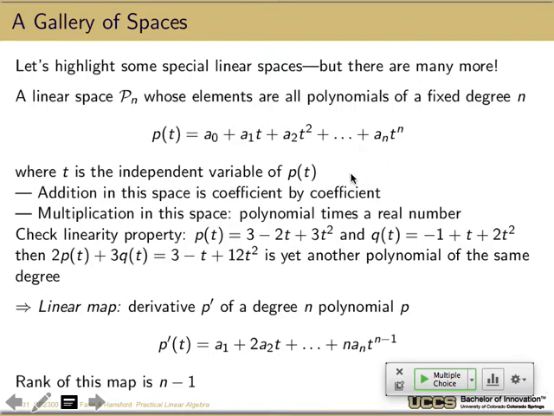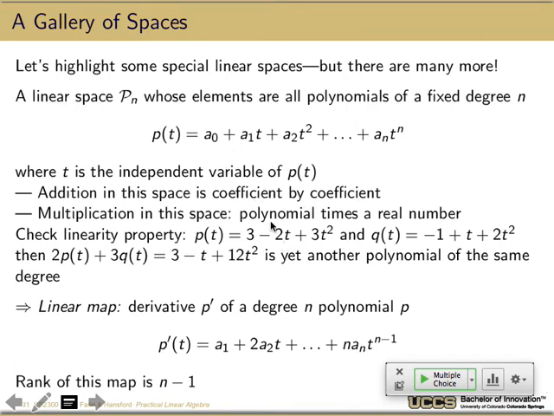But notice that if I multiply x, or t in this case, by a constant, that's not linear. It's linear in the space of its coefficients, not in the parameter t. T is nonlinear, the coefficients are linear.